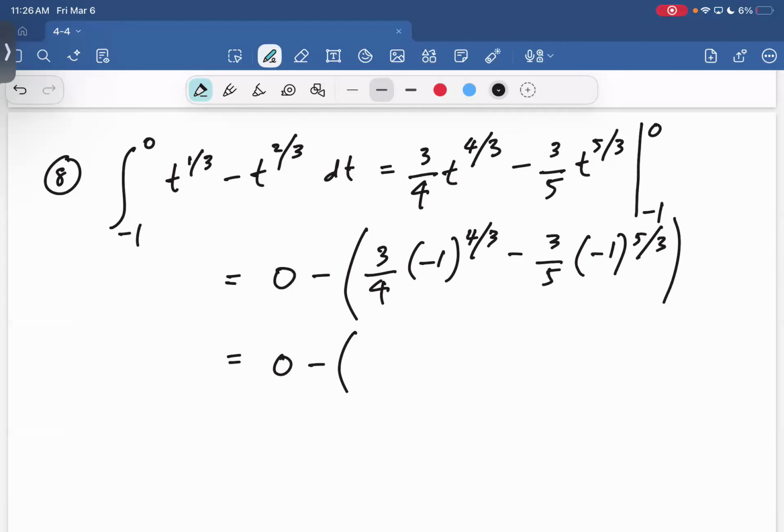They just plug it in. What is -1 to the 4/3? It is 1. What is -1 to the 5/3? Yes, -1. Okay, it's -1 because 5 is odd.